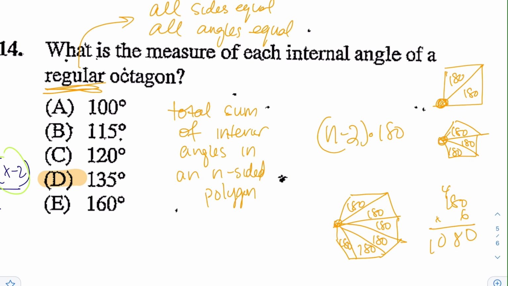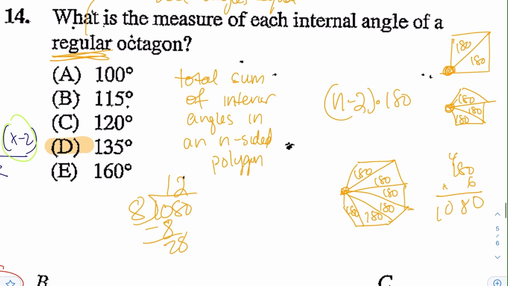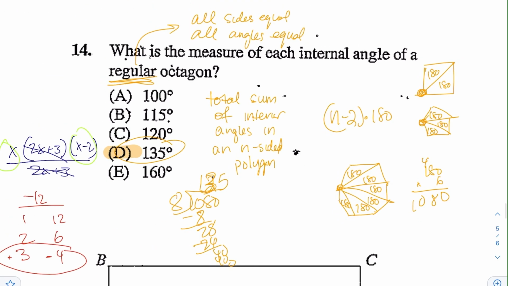So that means that you can just take 1080 divided by 8, because there are 8 angles here, to figure out. That should be a 3. That each of the angles will be 135 degrees, choice D. So when you have this regular octagon, or as regular as it gets, each of these will be 135 degrees.